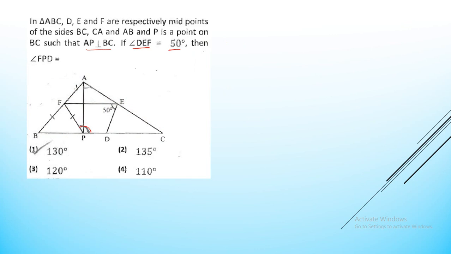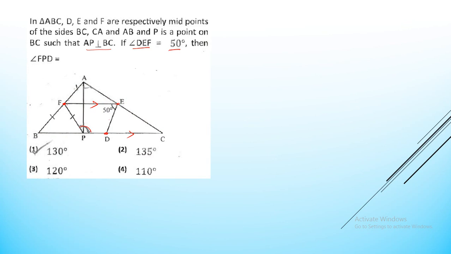If you observe this, D, E, F are nothing but midpoints, right? So if these are midpoints of this triangle, then by converse of midpoint theorem, I can say this side will be parallel to this side. That means EF will be parallel to BC.